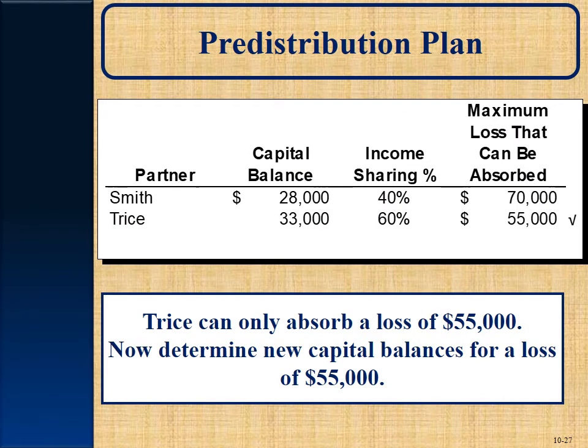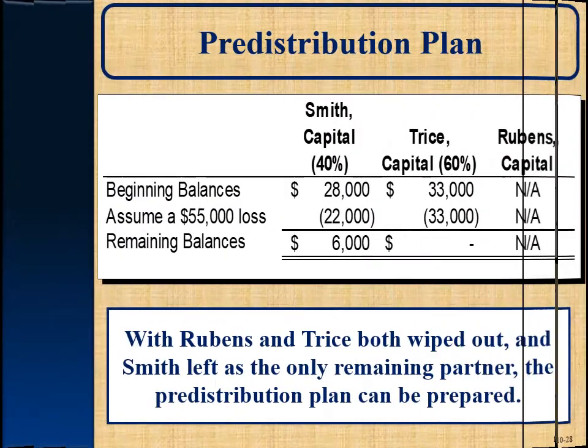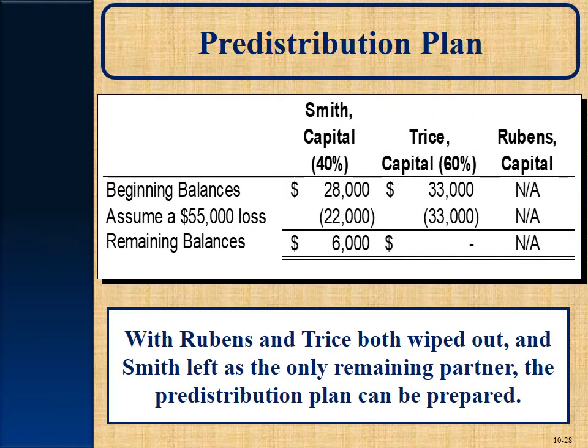After this computation, here's what's left. The remaining balance to Smith is 6,000. Trice is out. With Rubens and Trice both wiped out and Smith left as the only remaining partner, the pre-distribution plan can be prepared.